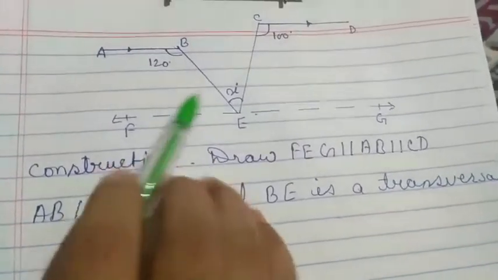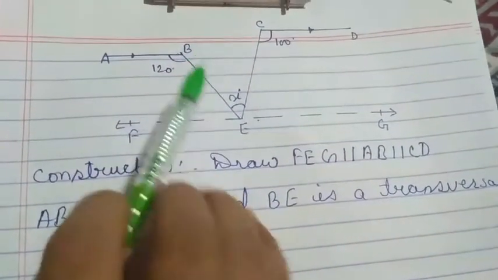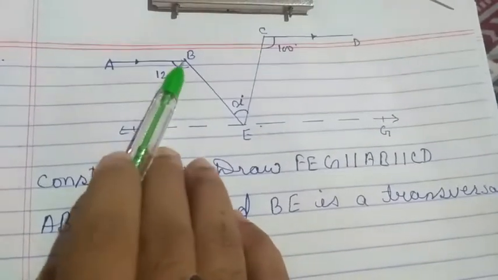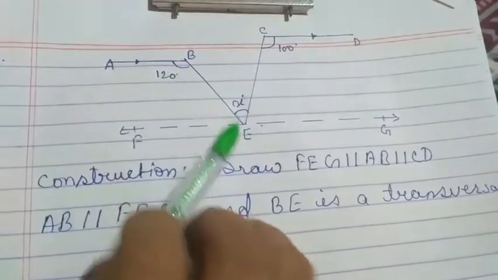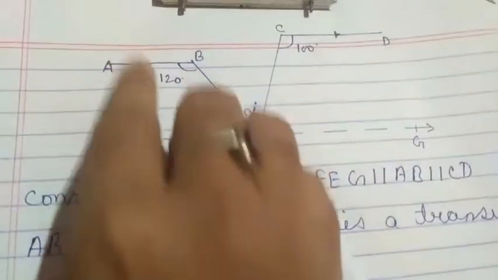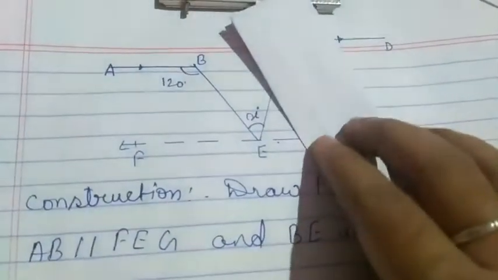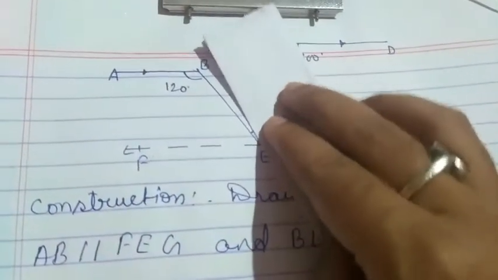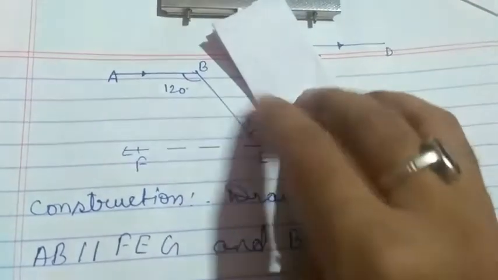Now, when BE is transversal, then you can recognize what? These two lines. Okay, see here. When these two lines are parallel and BE is transversal, you can't find this angle. You can't find. Why?